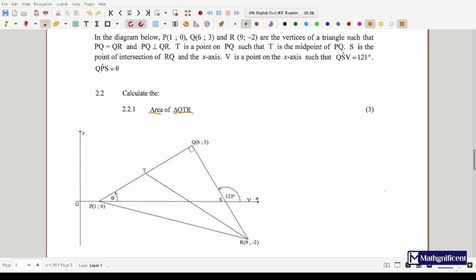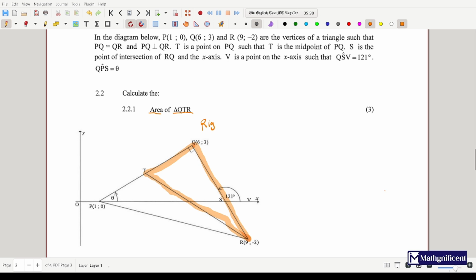They said this is triangle QTR. So this is the triangle that they are referring to. We can see that triangle QTR is a right angle triangle.